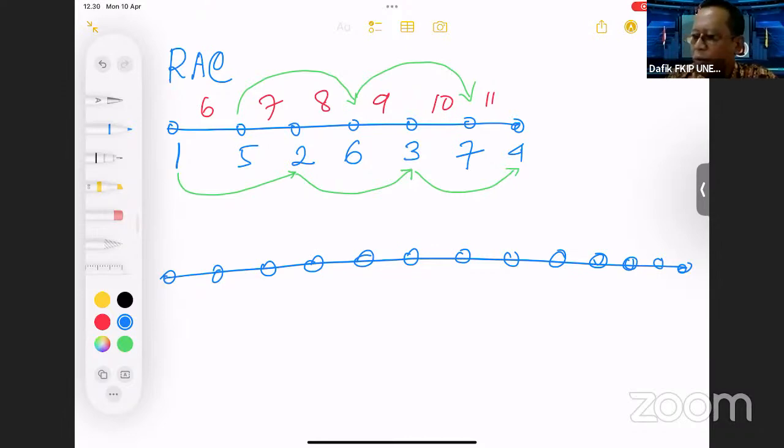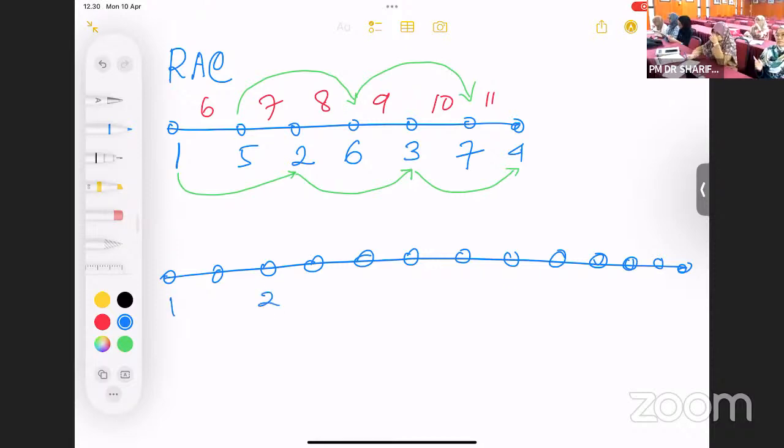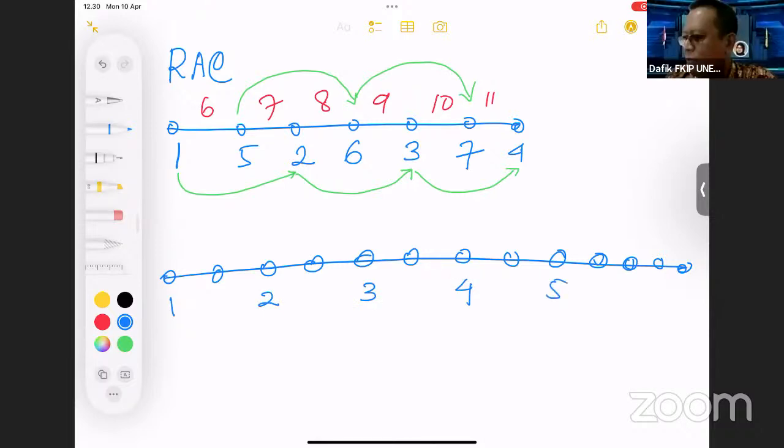So how do you assign the label? 1, 2, 3, 4, 5, 6, 7. Again from here, 8, 9, 10, 11, 12, 13.